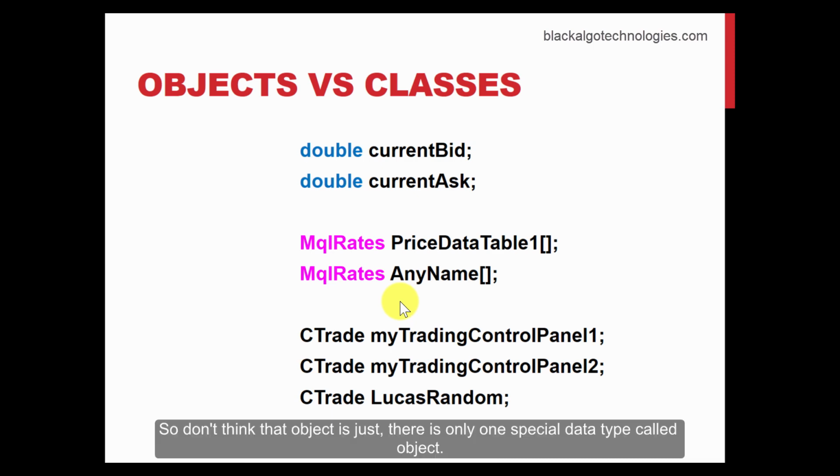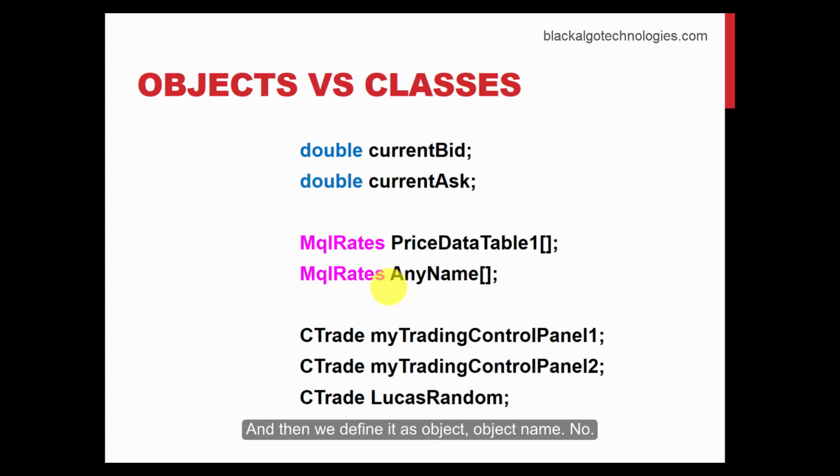So don't think that there is only one special data type called object, and that we define it as object name. No, we define it as class name, object name. In this example, CTrade is a class. So, class, object name.